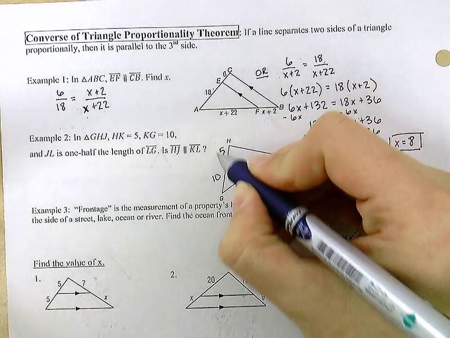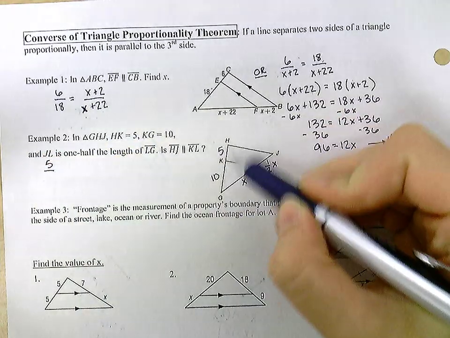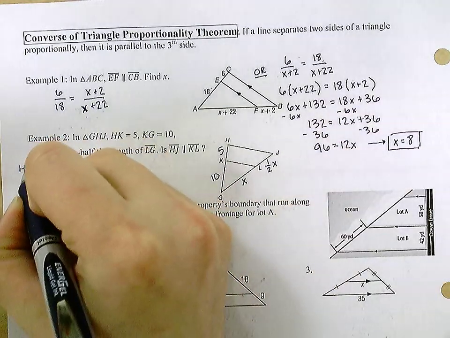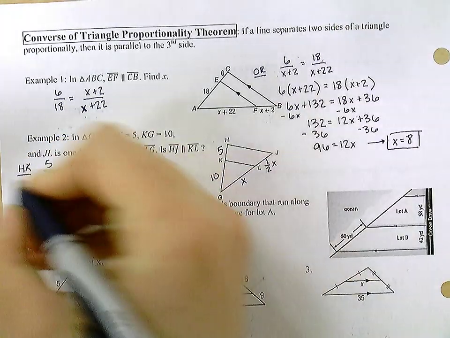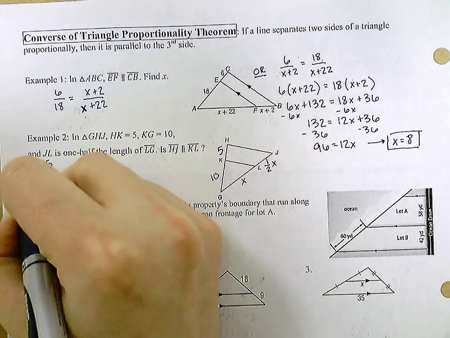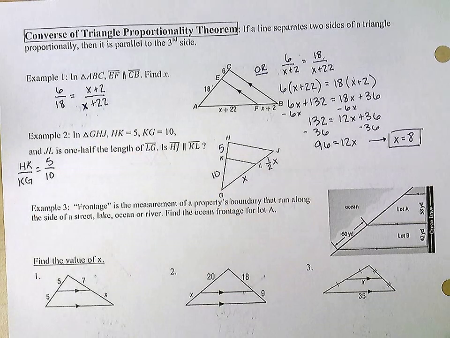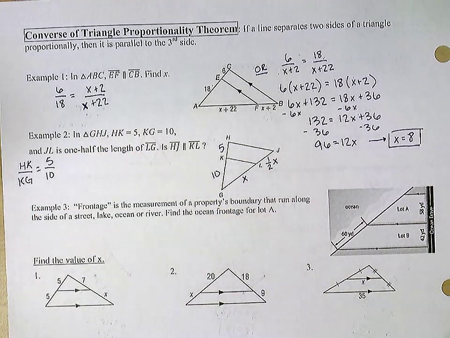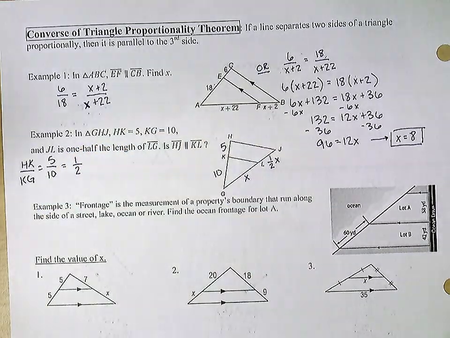I'm going to take my smaller one of 5, so that's HK, over my larger one here, which is KG, and that is 10. And I'm just going to reduce that. So if I have 5 over 10, 1/2. Okay, so the ratio between those two sides is 1/2.